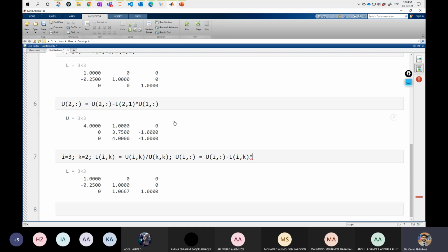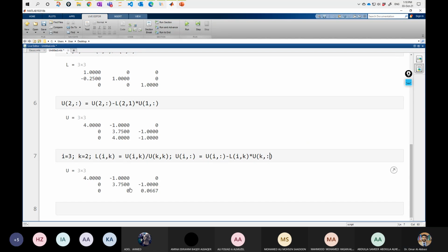Which pivot row are we talking about? Always K comma K. Okay, so it multiplied by U, open a bracket, that is K. Okay, so if I execute that line, now notice that element has been updated into 0.